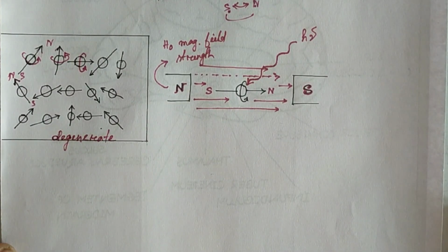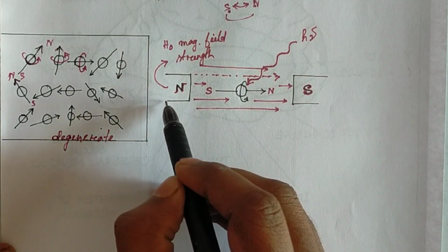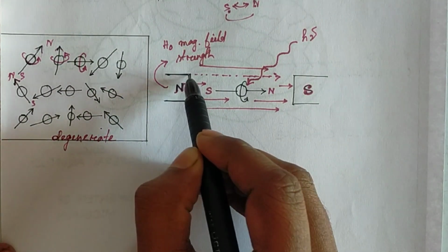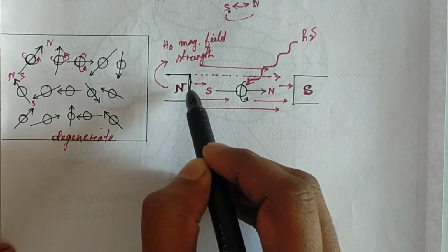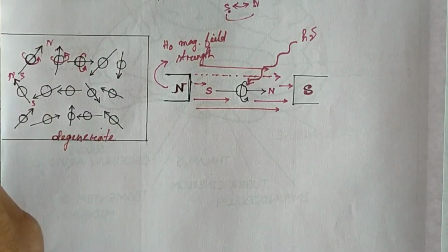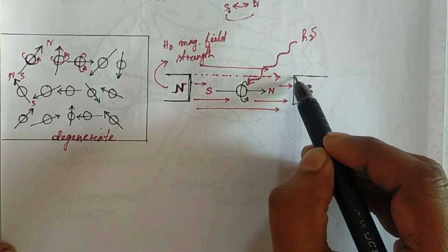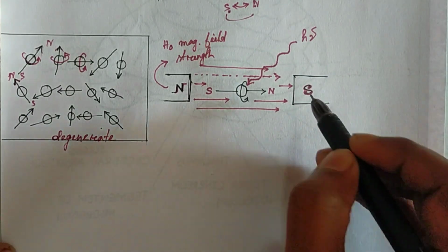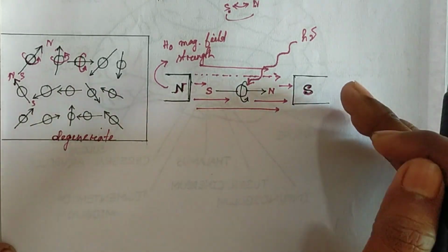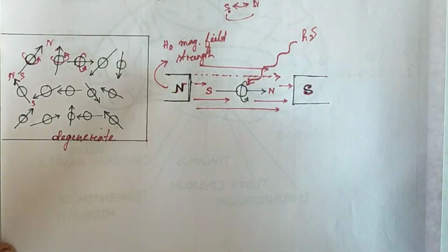Now let's discuss the basics of the technical part of NMR spectroscopy. In NMR spectroscopy, there is a bar magnet with its north pole here and south pole somewhere in this direction, and there is another magnetic bar which has its south pole here and north pole somewhere here.